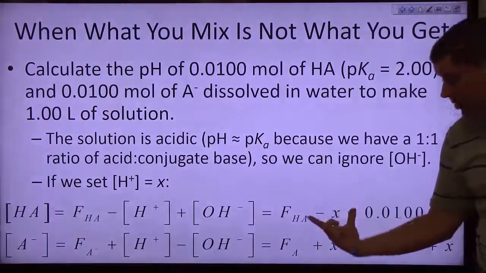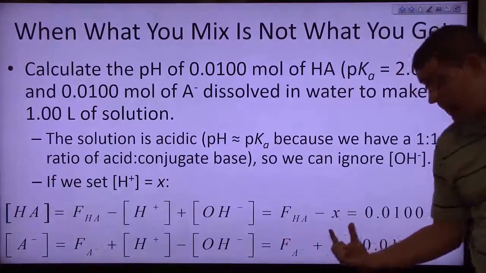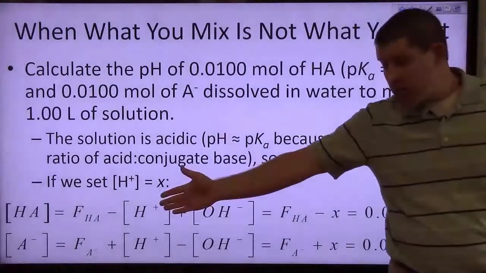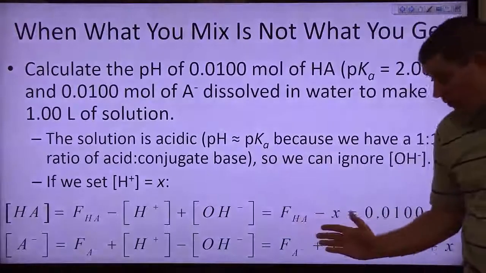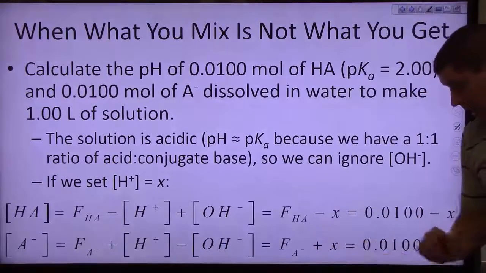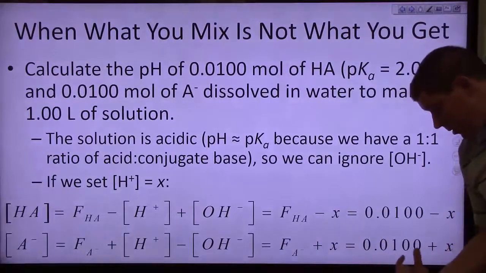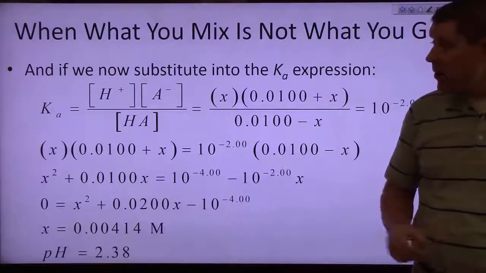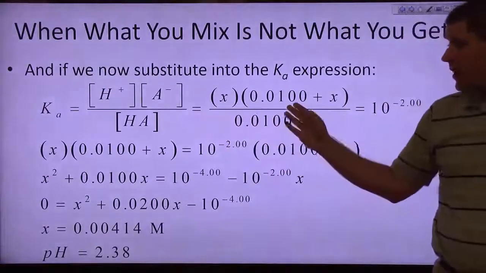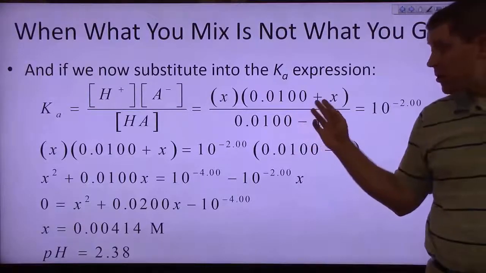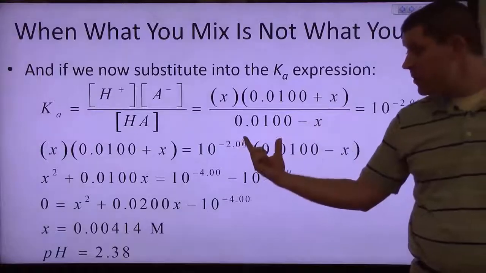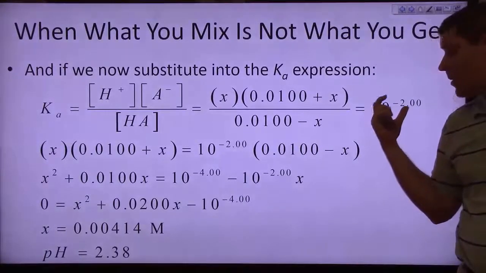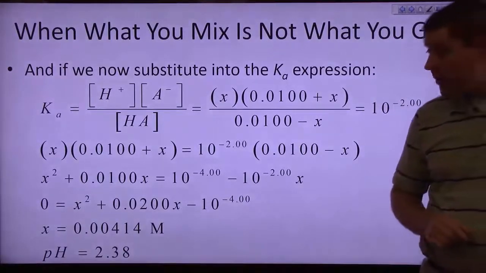And so if we set the hydrogen ion concentration equal to X, we get the concentration of HA is equal to the formal concentration of HA minus X, which is 0.0100 minus X, and the concentration of A minus is equal to the formal concentration of A minus plus X, which is 0.0100 plus X. If we now substitute those into the Ka expression, we get Ka is equal to X times the quantity 0.0100 plus X divided by 0.0100 minus X, and we know that value must be equal to 10 raised to the negative 2.00.